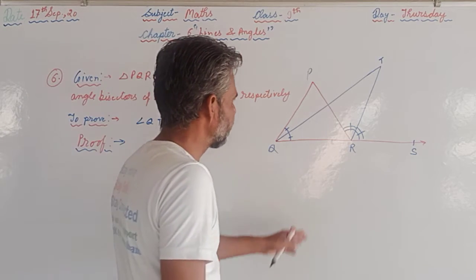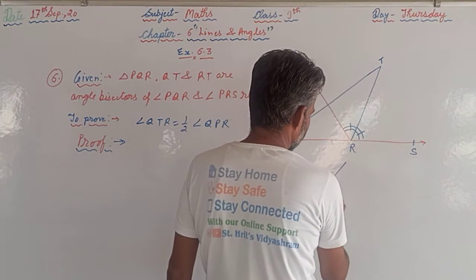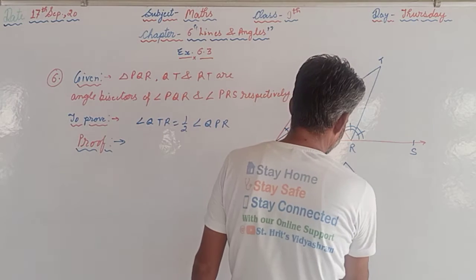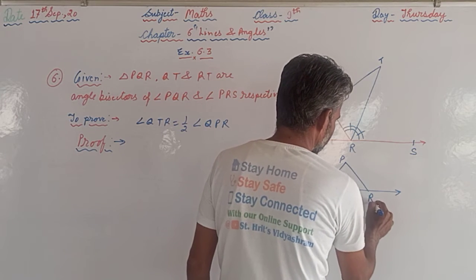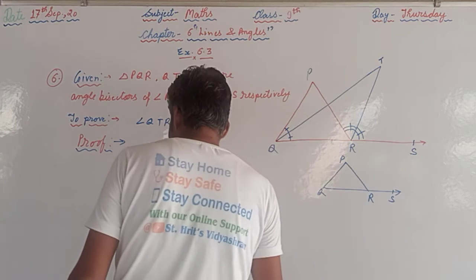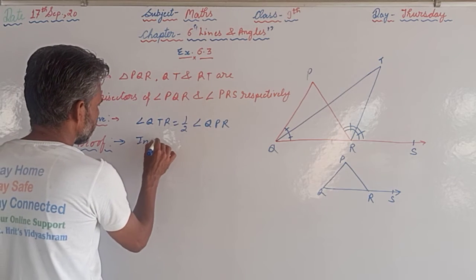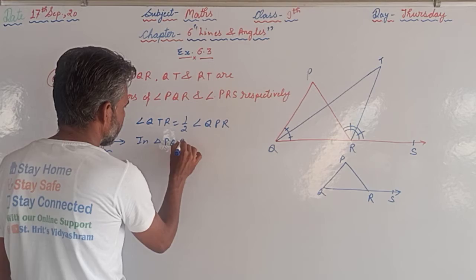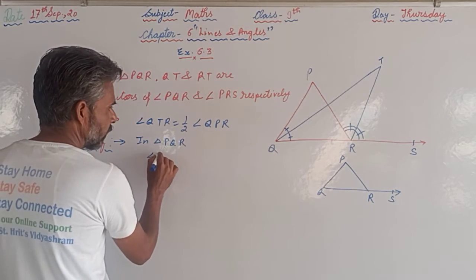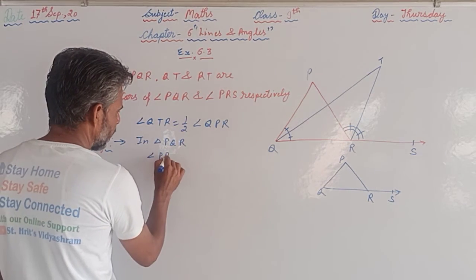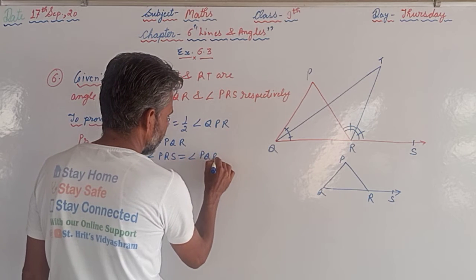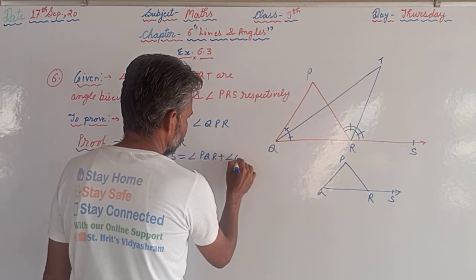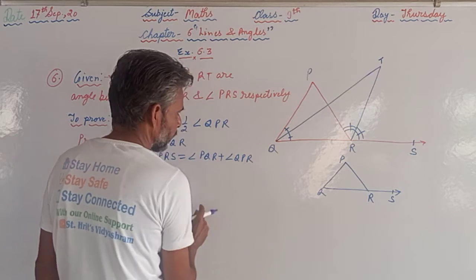First of all, I will consider this rough diagram separately, PQRS. In triangle PQR, angle PRS is equal to angle PQR plus angle QPR.